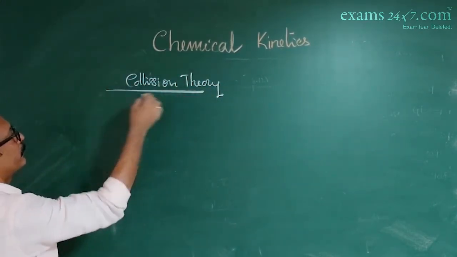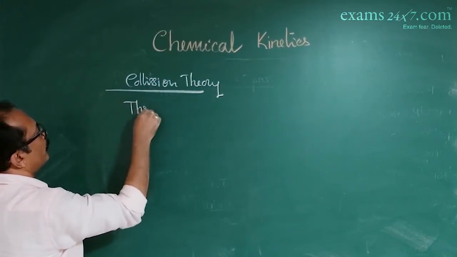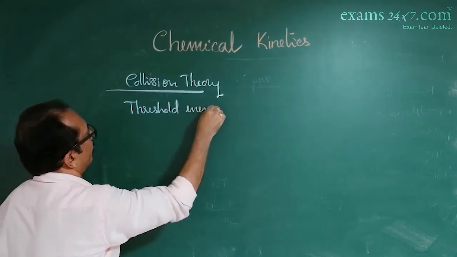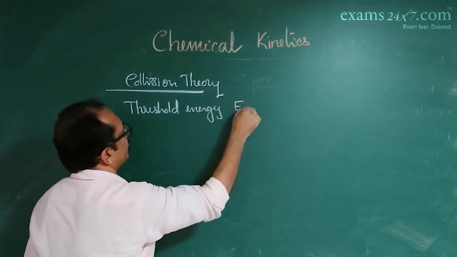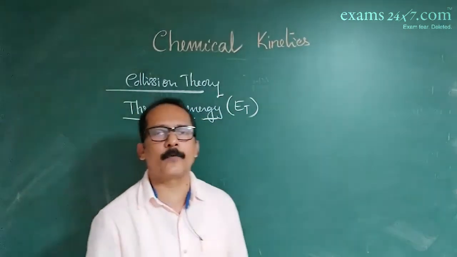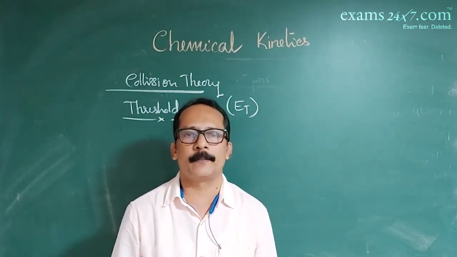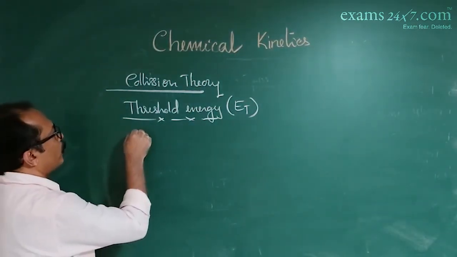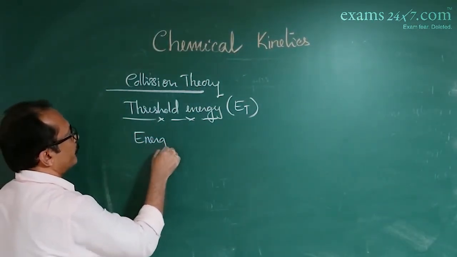Some of the terms. First about threshold energy. ET is the minimum amount of energy possessed by the reactant to form products upon collision. Let's call that threshold energy. One more, energy of activation.